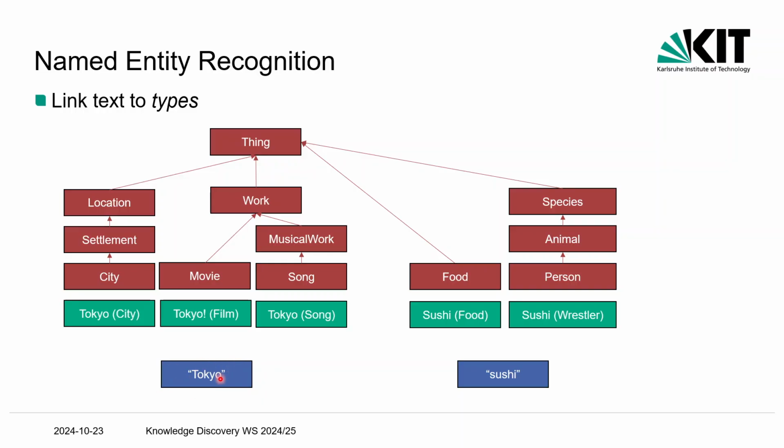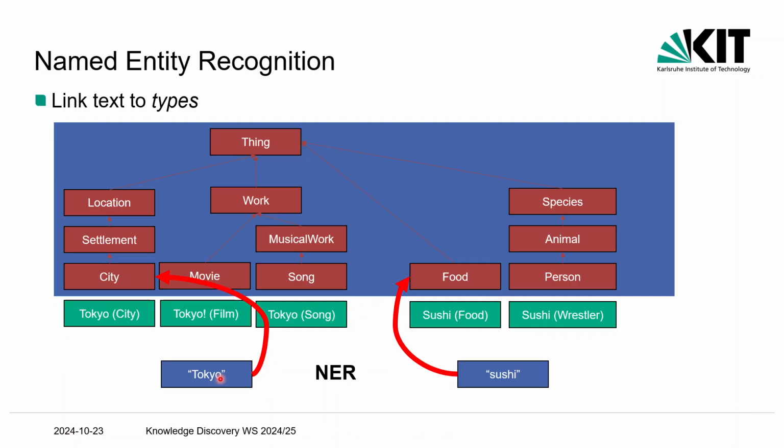Like, we want to know that Tokyo represents the city, or that sushi is a kind of food. And there are named entity recognition approaches that work, among others, most of them nowadays work based on machine learning. Some of them work on more simpler statistical approaches, but that just directly from the sentence structure can tell you, okay, Tokyo is a place or is a city.